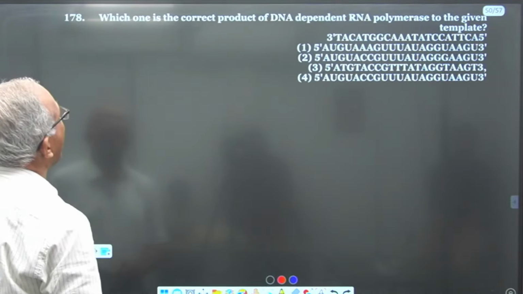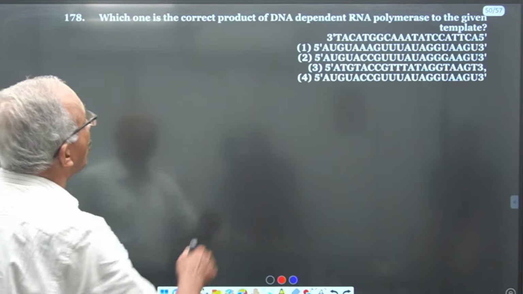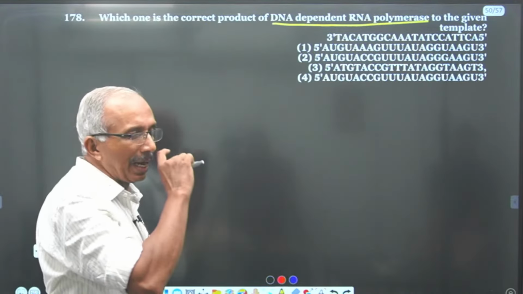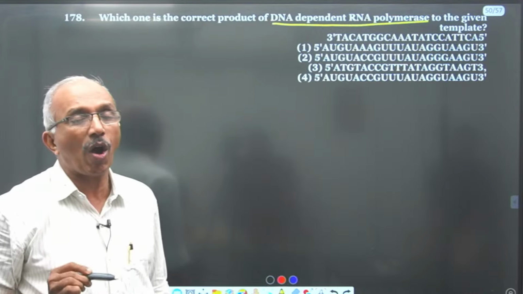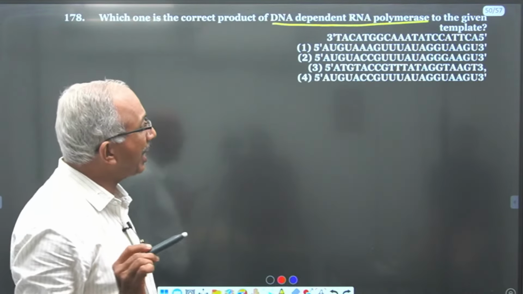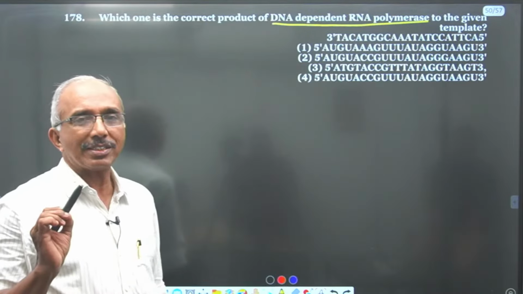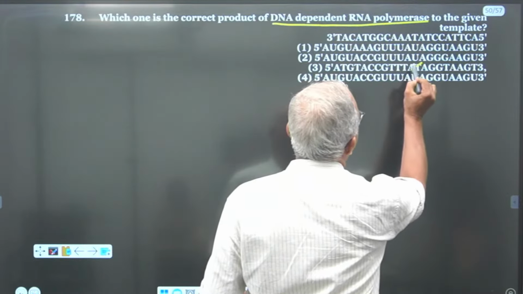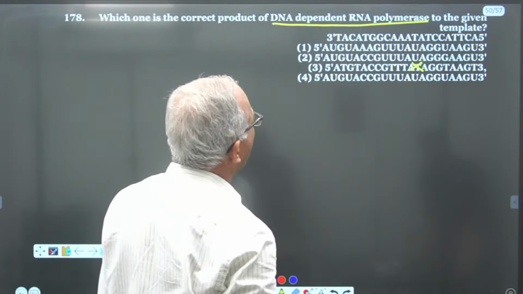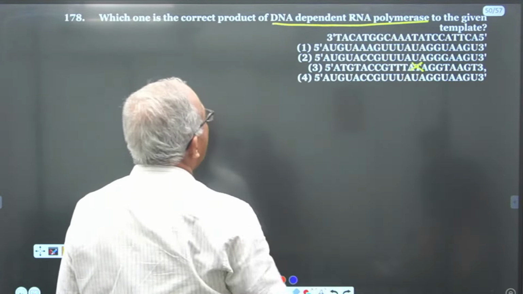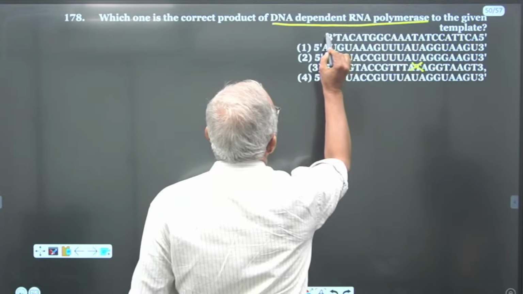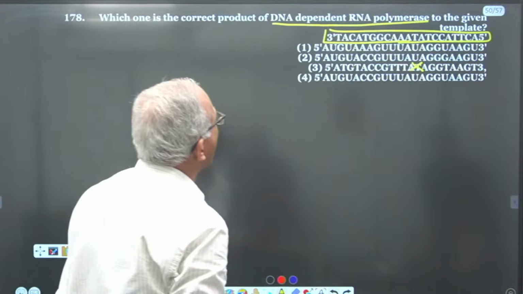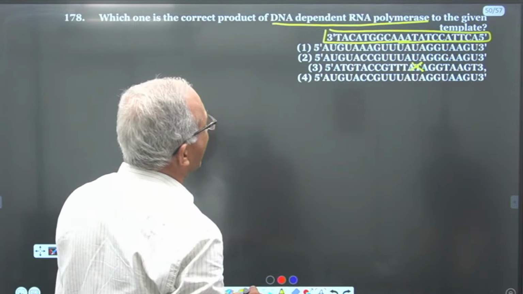Next, 178. Which one is the correct product? A good question. DNA dependent RNA polymerase is the enzyme indicative of transcription. The product is RNA. RNA does not contain T, so we can drop this option. Option 3 we can drop because it contains T. Here we have to write the complementary strand of the template 3' TACATG.